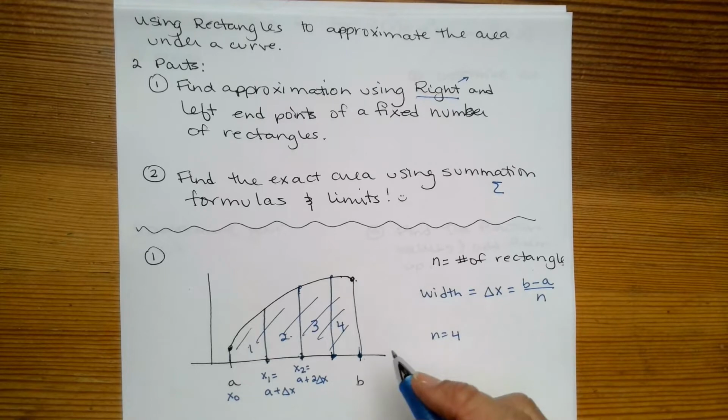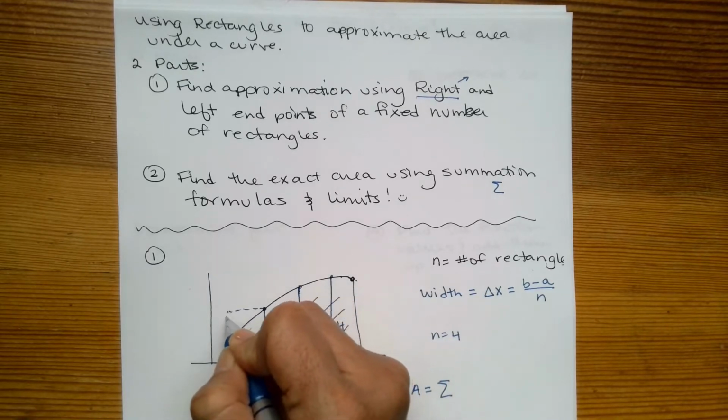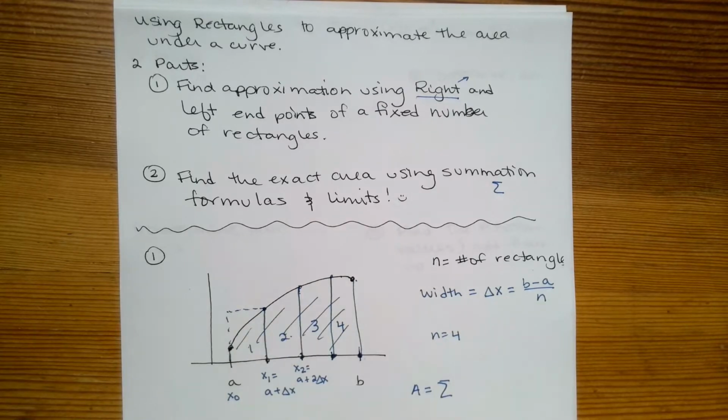So now let's talk about what the area is going to look like, what that formula will be for us. Our area approximation, we're going to add up the area of each rectangle. So the area of that first rectangle is its height, which is f evaluated at x sub 1, but we need x sub 1, x sub 2, x sub 3, x sub 4. So we'll do x sub j, we'll make it generic, and then we'll let j go from 1 to 4.